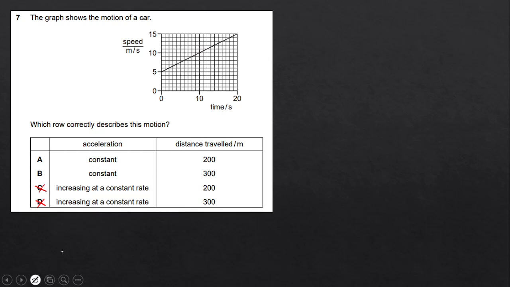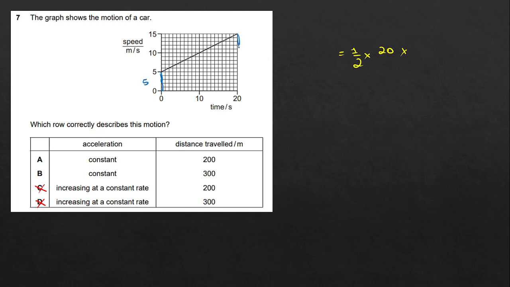Distance traveled in a speed time graph is the area under the curve. I can take it as a trapezium. So half times the base, which is 20, times the sum of the parallel sides. This is the first parallel side here, which is 5 units.